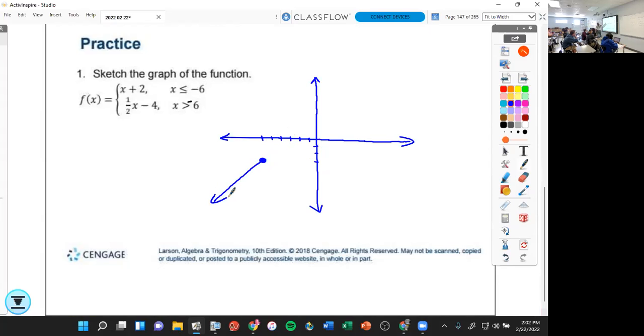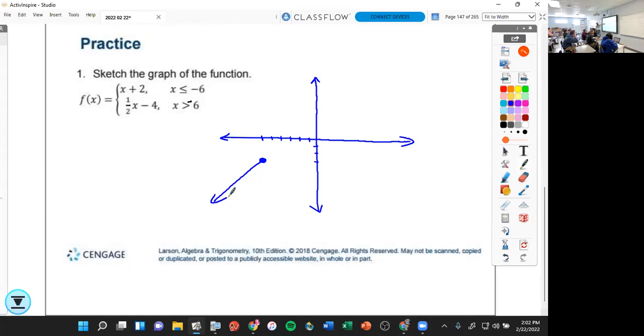Okay, because my X values are decreasing. If I was to plug -6 into this equation, what would I get? I can't plug a -6 into it, right? But if I could, it's going to be an open circle, right? It's going to be an open circle.